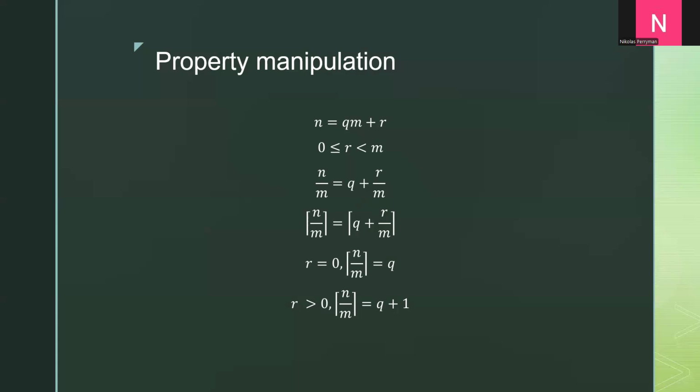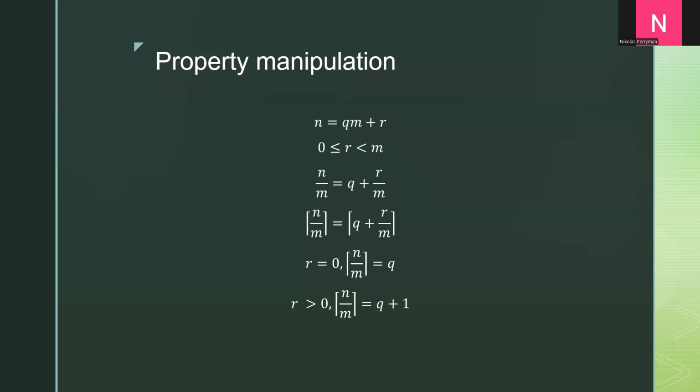So if we divide the equation by m, then we'll get n over m equals q plus r over m. And then if we do a ceiling function on both sides of that, and then we apply our domain, then we'll wind up with two different cases.